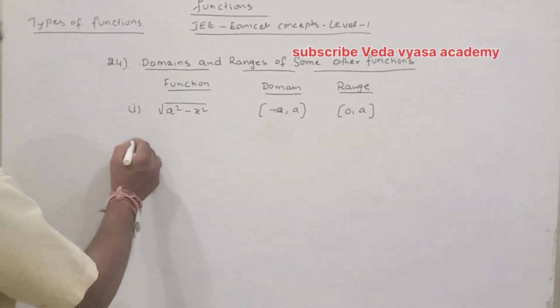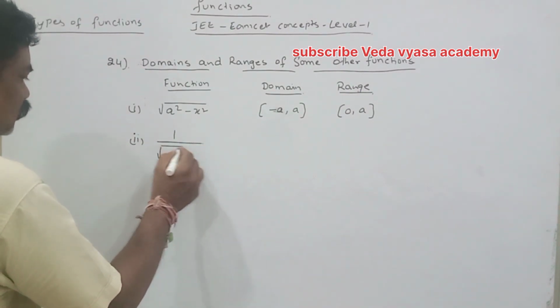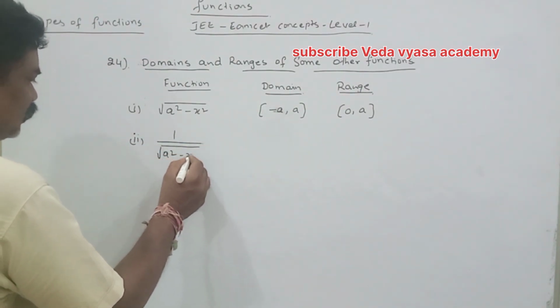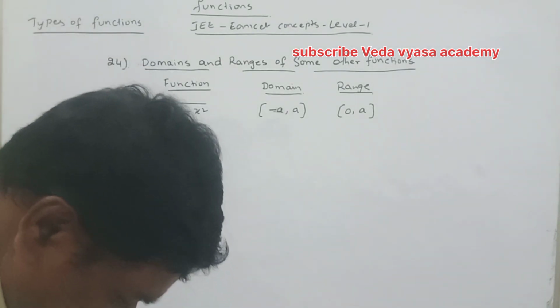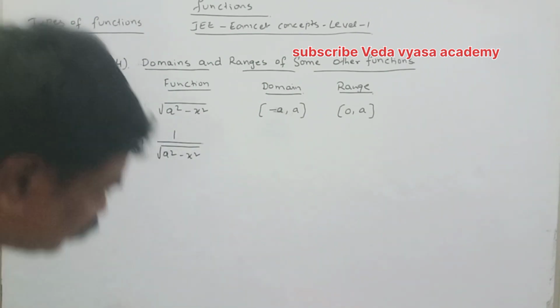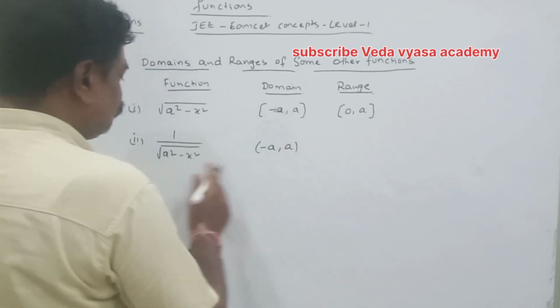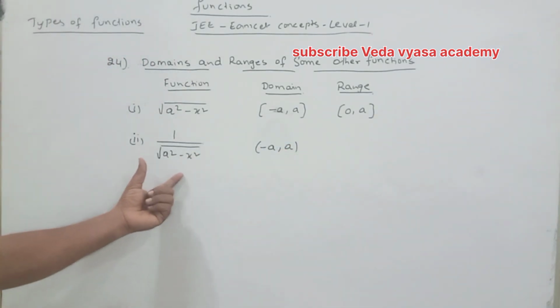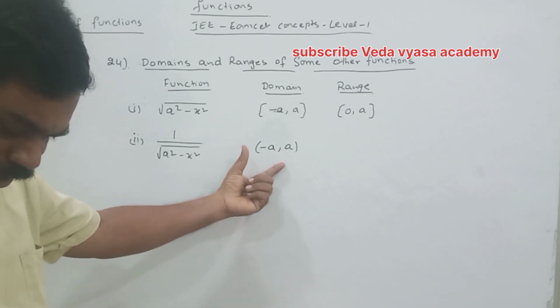And second one, 1 by root over a square minus x square. This function's domain is open interval minus a to a.